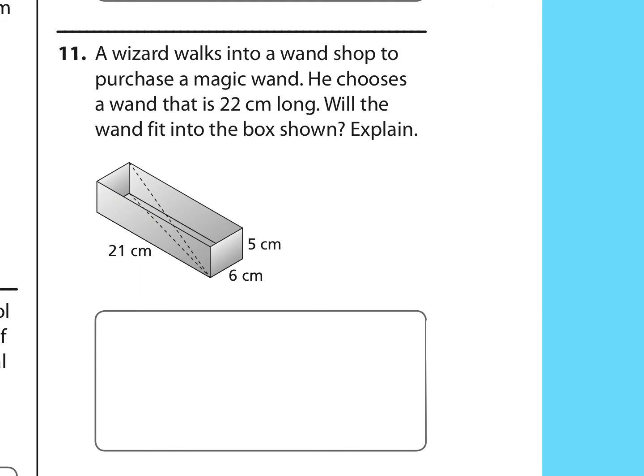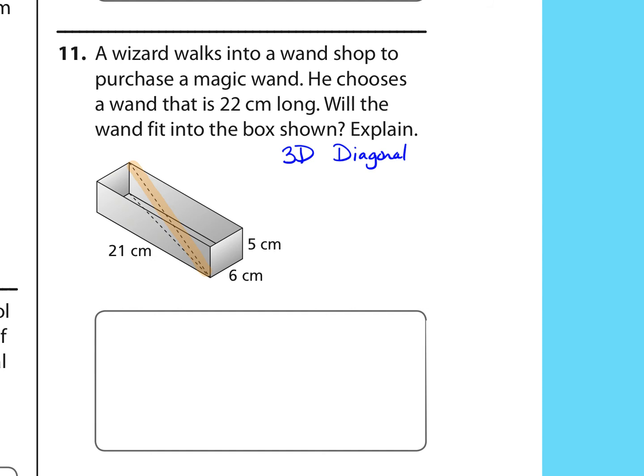Okay, so this problem is going to deal with finding a three-dimensional diagonal, a diagonal within a three-dimensional figure. And so we're trying to figure out if a wand will fit in the box. So you take the longest measure you can find within the box. In this case, that would be along this dotted line.